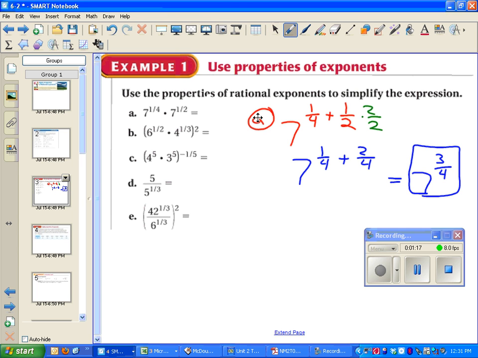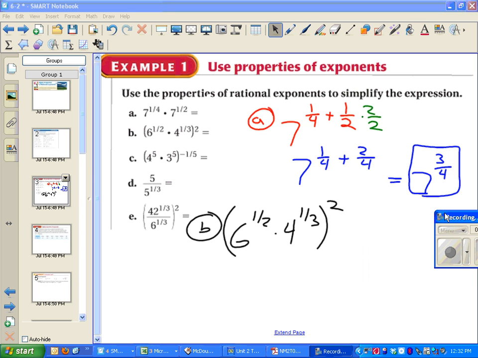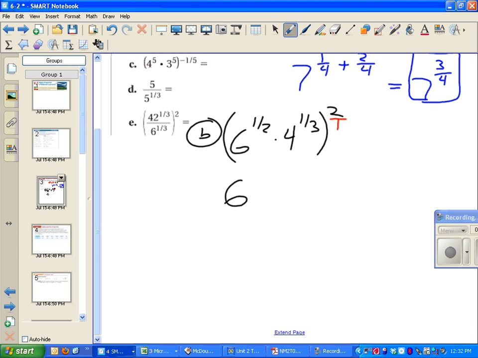For B, we have 6 to the 1/2, and that is being squared. So the first thing I'm going to do is multiply this in. Working every step, we're going to do 1/2 times 2 over 1 times 4 to the 1/3 power times 2 over 1.